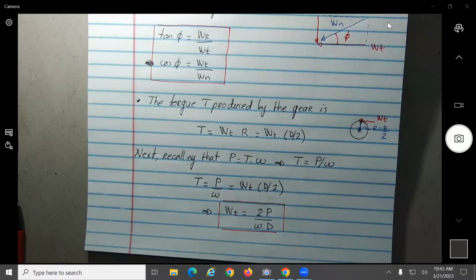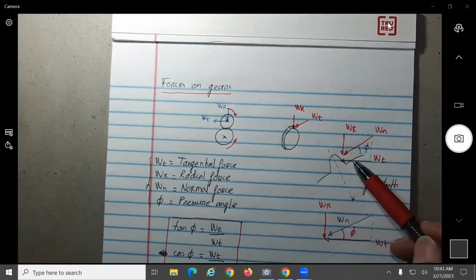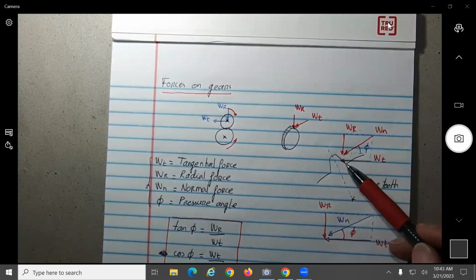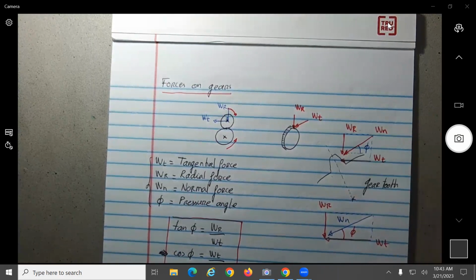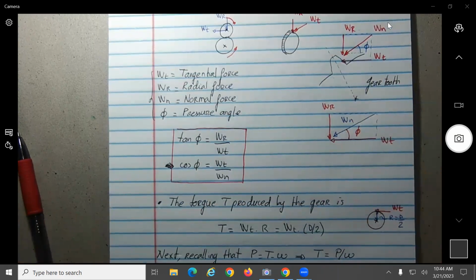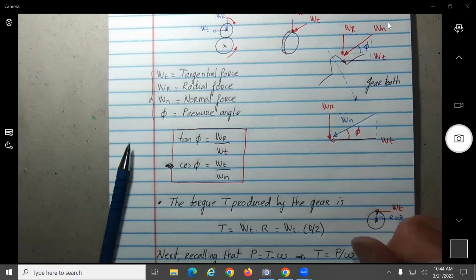For the tangential force, you have it acting perpendicular to the radius. I didn't want to do it this way, but the figure may be confusing. WT should be tangential, and the normal will be something in the middle. To be accurate, I just did it this way to simplify.